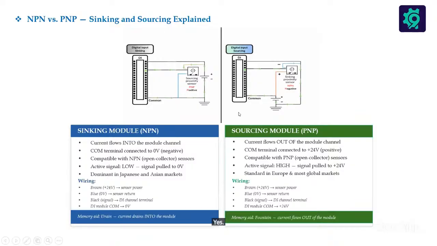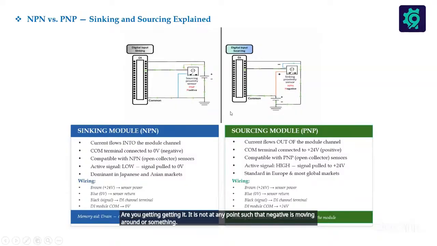If you look at this end also, positive is still flowing into the PLC, only for them to come and complete the circuitry at the negative end here. Are you getting it? It is not at any point that negative is moving around or something. I hope you get the point that I'm trying to make here.